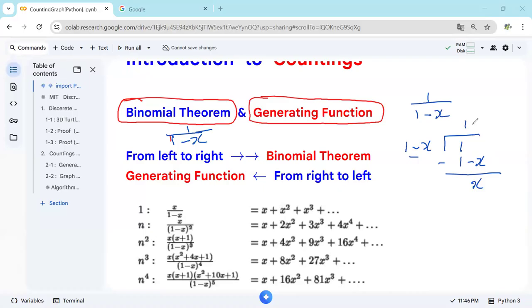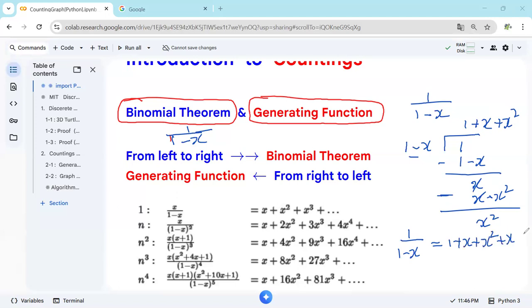From this long division, x minus x squared, minus 1, then this cancels out. This minus minus, this is x squared. And also you can use x squared like this. So 1 over 1 minus x, using this long division, is equal to this kind of thing. But using the binomial theorem, this is 1 minus x to the minus 1. And then using the binomial theorem, you can also have this kind of thing.